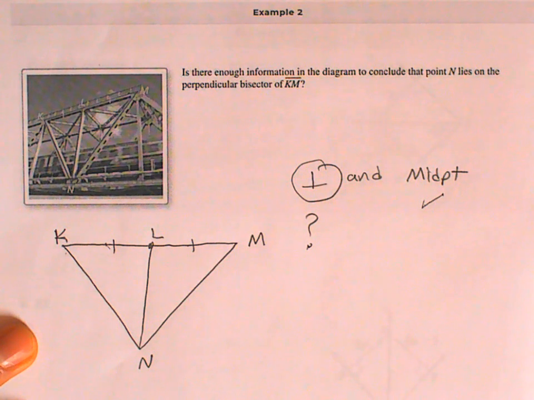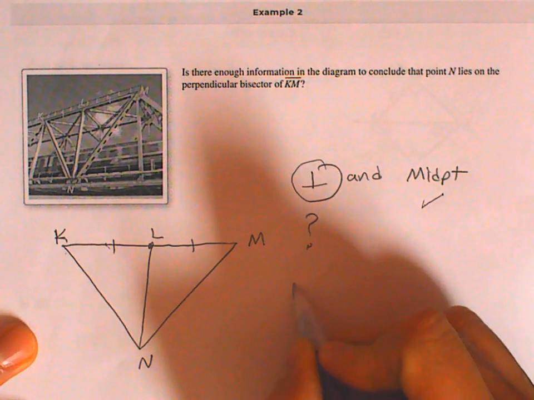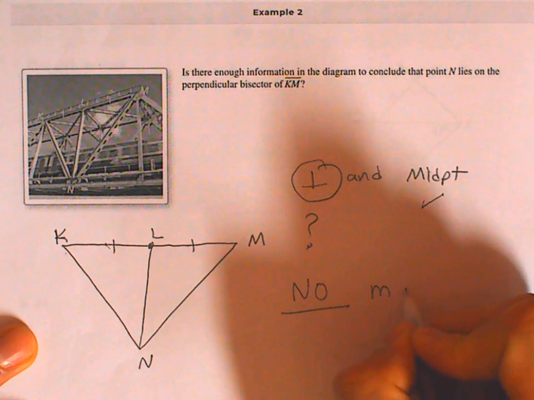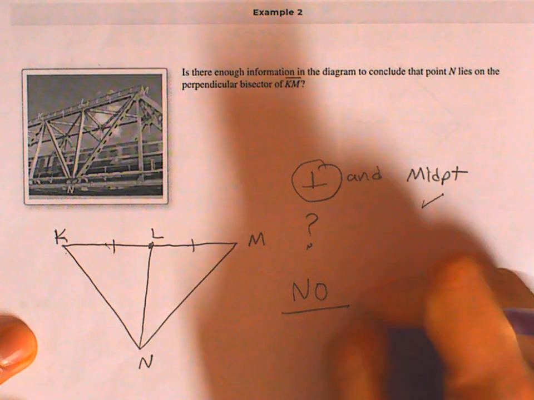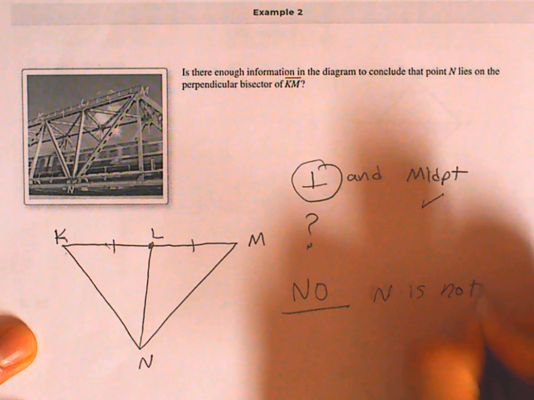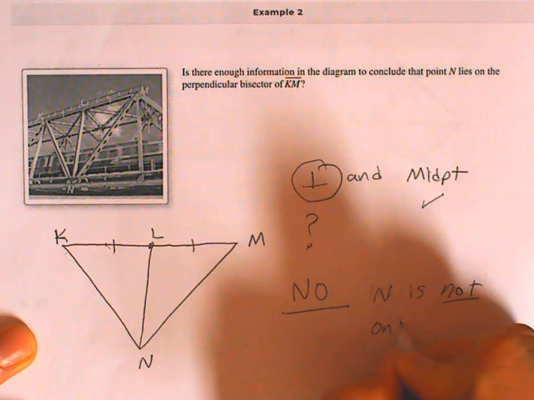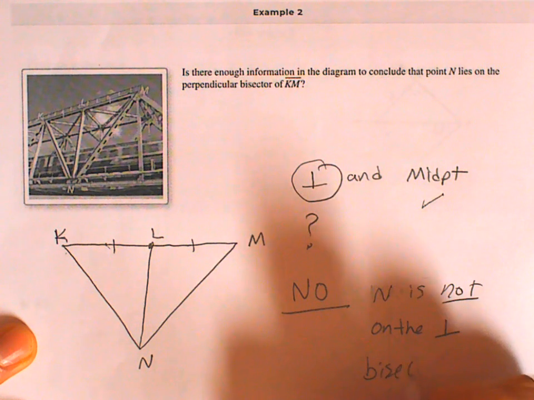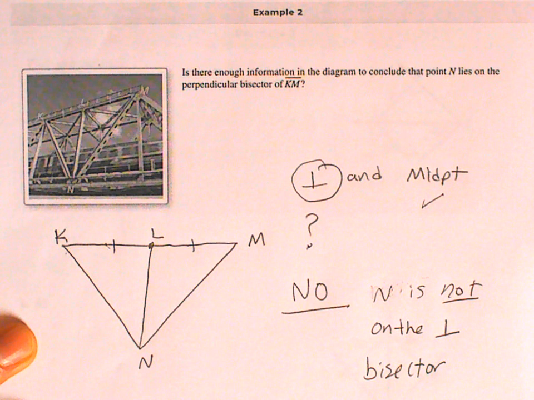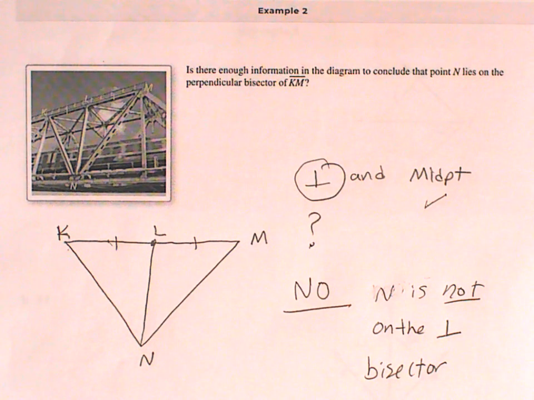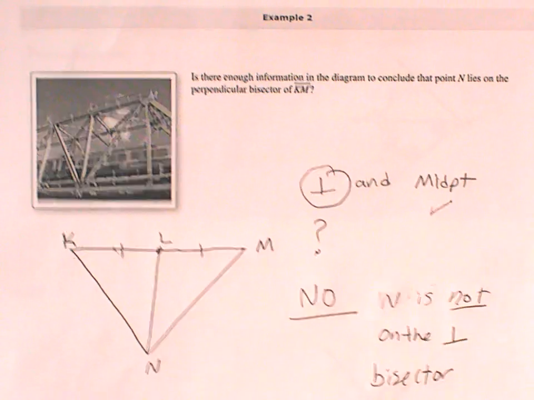So is N on the perpendicular bisector? Unfortunately, in this problem the answer is no. N is not on the perpendicular bisector. It's just not. That's example number 2. Let's look at example number 3 now.